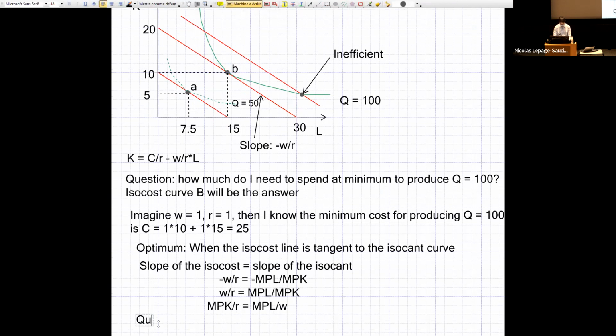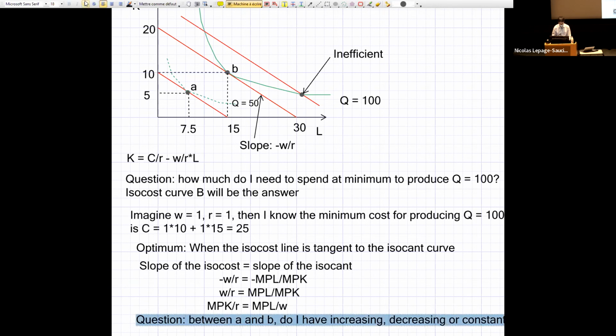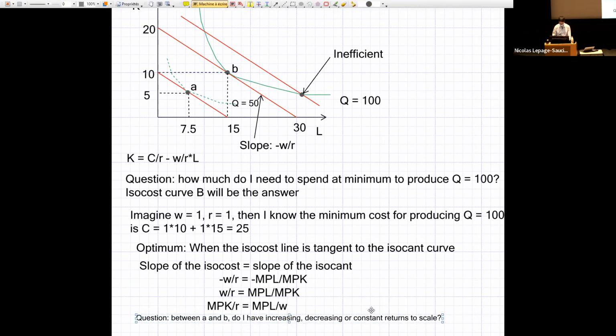Which is it: increasing, decreasing, or constant? It's increasing.